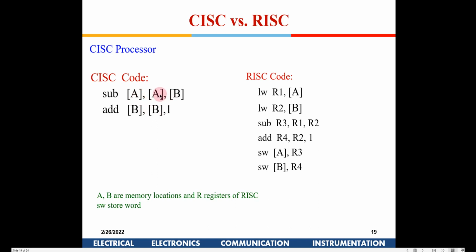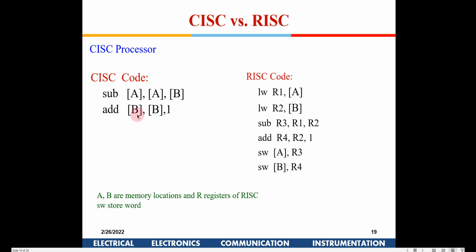So I have to subtract data available in RAM and put the result into a memory location. In this particular CISC code, a memory-to-memory operation is also permitted, so you can straight away write a subtract like this. You are subtracting the data and putting it here, and in B, whatever data is available, you are adding one and updating the data in B. So this is what it is.